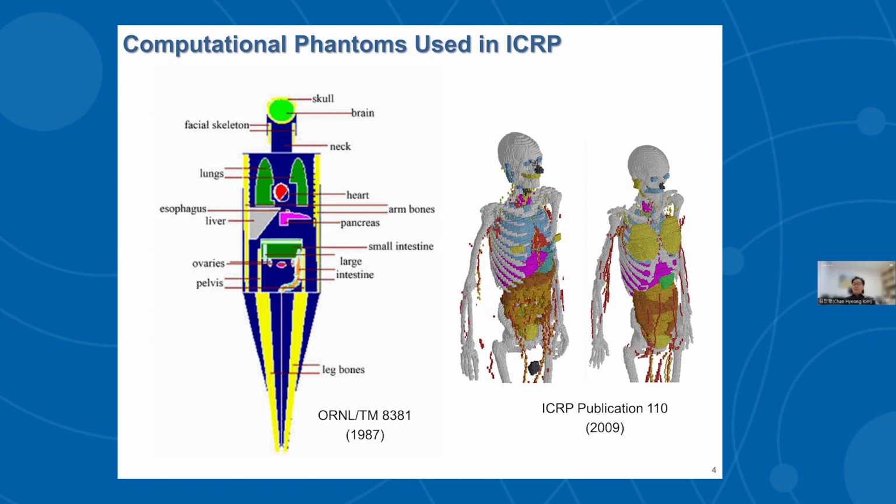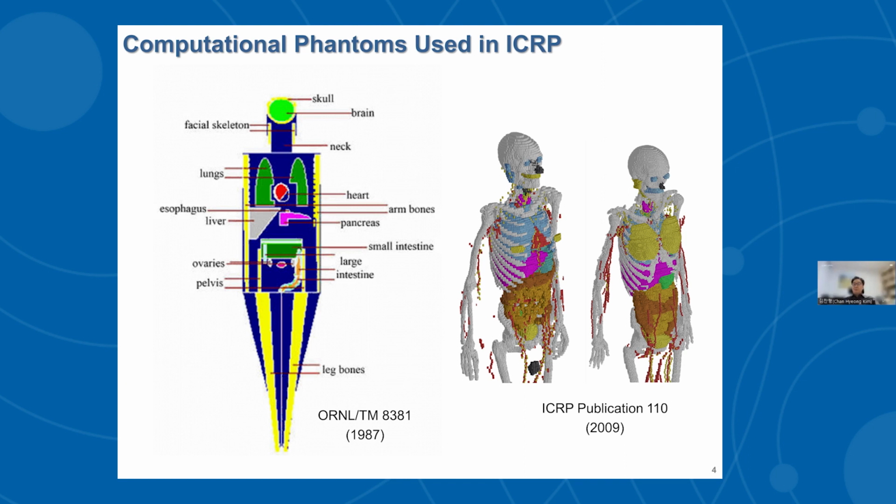And the phantoms in the right are voxel phantoms, which are constructed with voxels, which I just mentioned. In fact, these voxel phantoms are the current ICRP reference phantoms for adult male and female. And these phantoms were released in 2009 with ICRP publication 110.